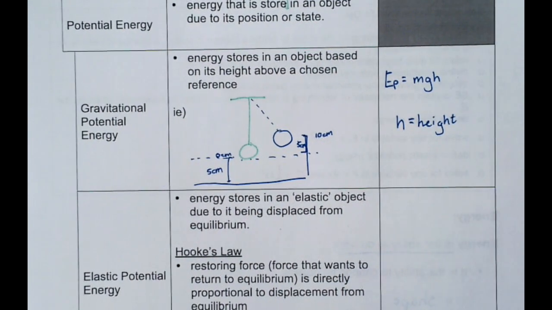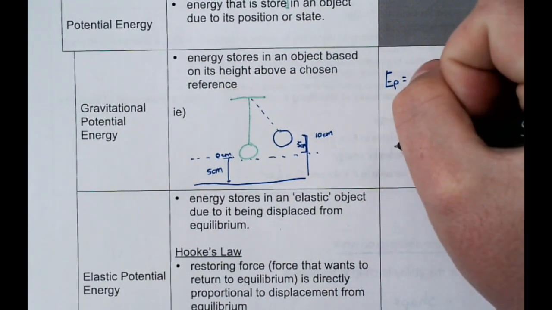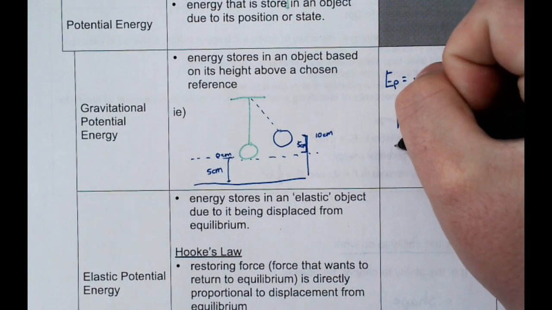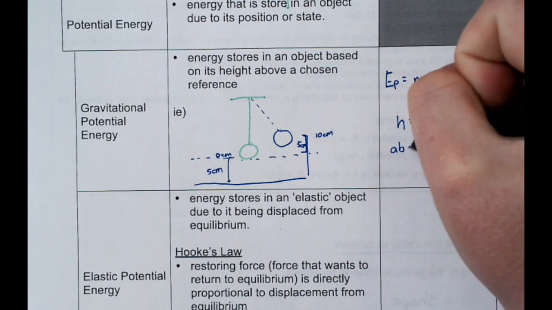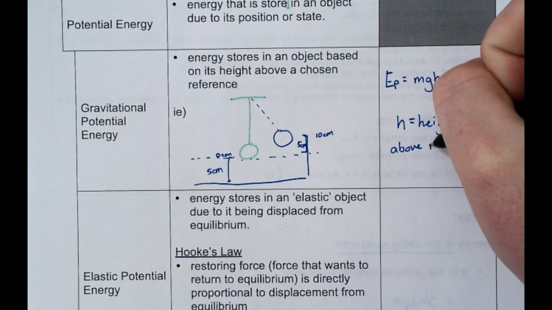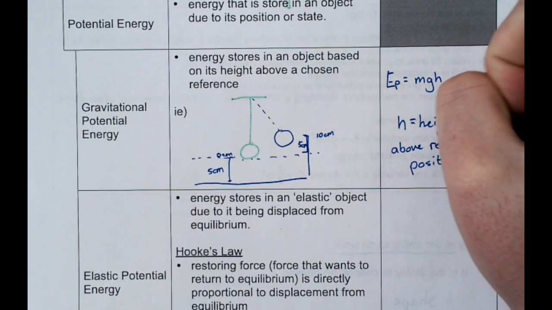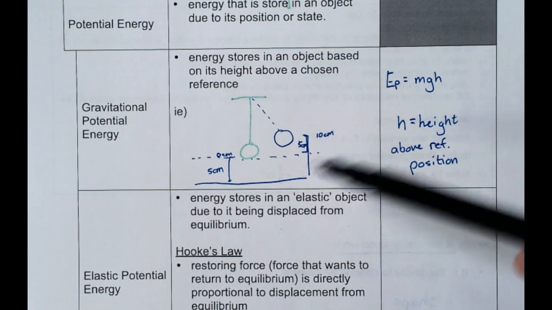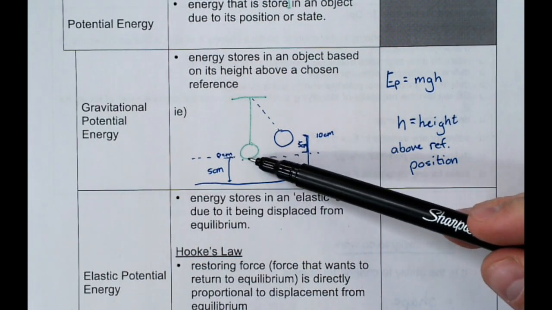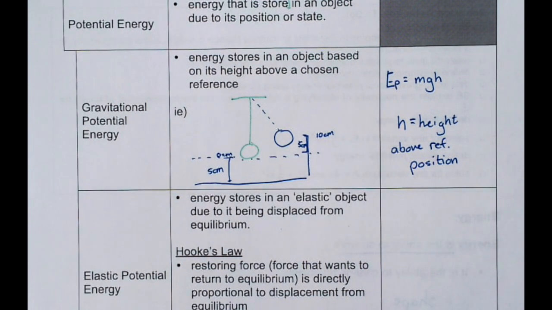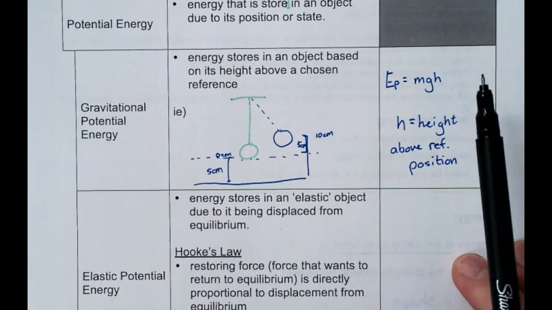But remember, it's the height above the reference position or the equilibrium point. It's that height above where it's the lowest point, not the ground in this situation.